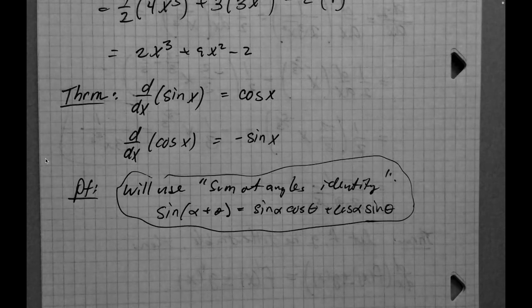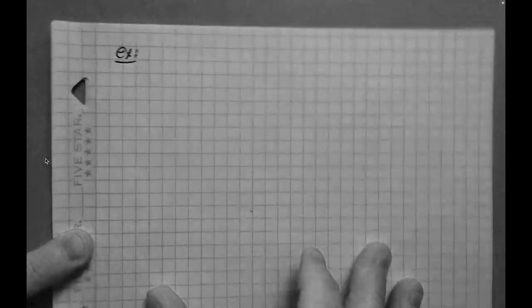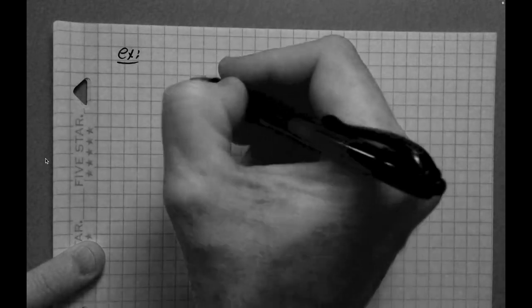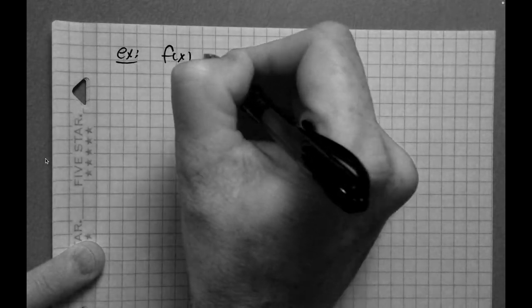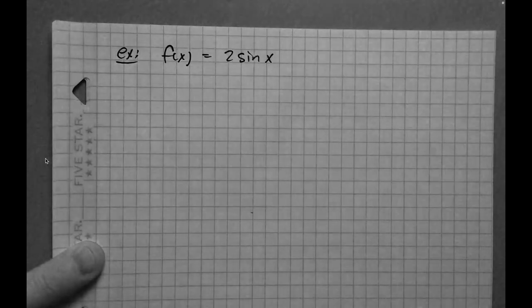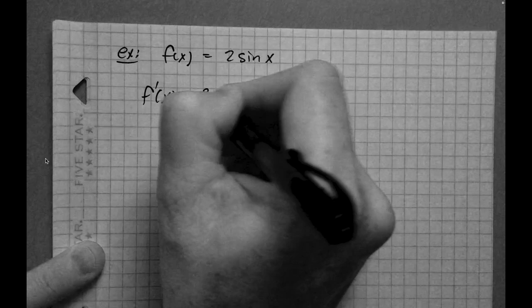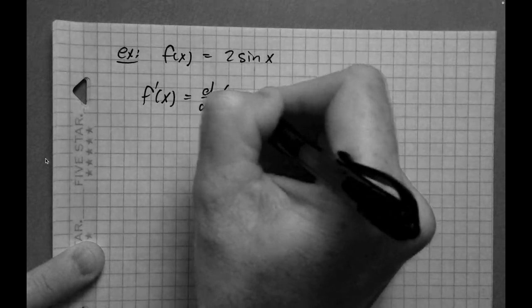So we can differentiate trig functions now, that is certainly the ones that involve sine and cosine. Let's do an example or two. Let's say we want to differentiate f of x equals 2 times the sine of x. Well, it couldn't be easier, right? So f prime of x is equal to d dx of 2 sine x.